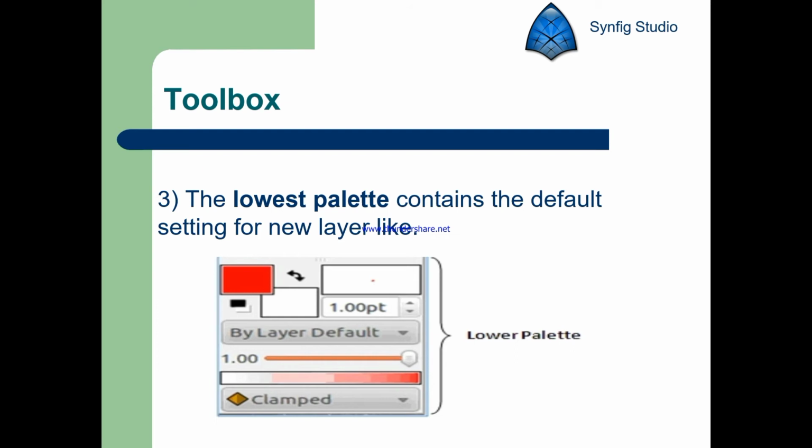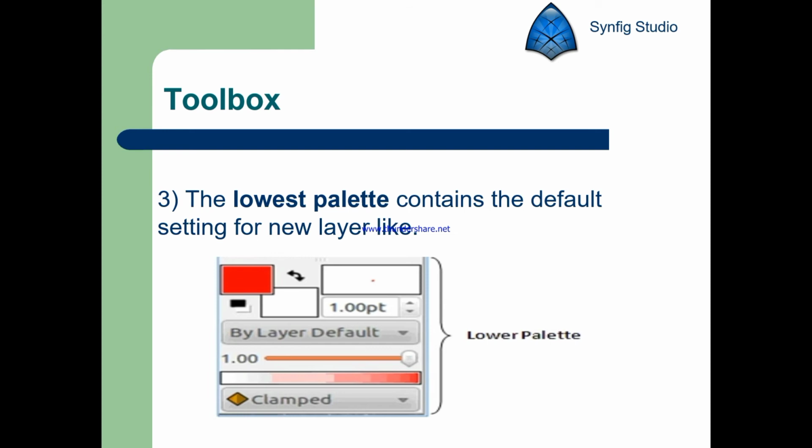If we select 0, it will be invisible. If you go up to 1, it will be totally visible. So these are the opacity values that you have to remember, 0 and 1.